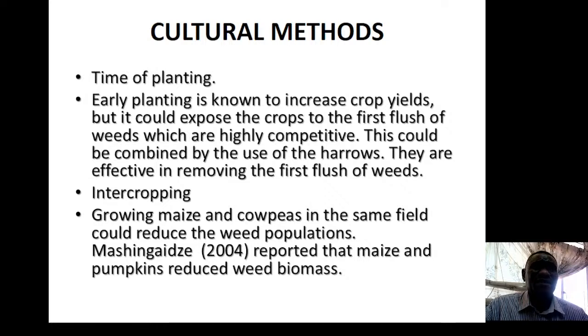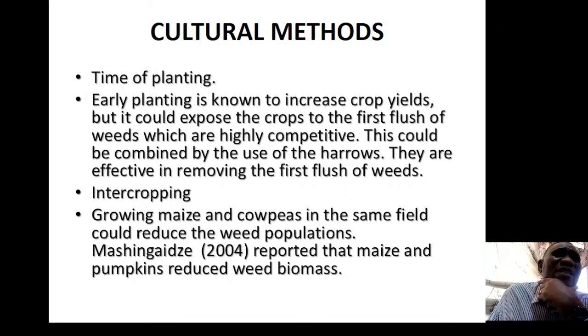Intercropping can actually reduce weed density. This is growing of maize and cowpeas in the same field to reduce weed populations. We are also currently testing this in Murewa and Mutoko across 3 agroecological zones.